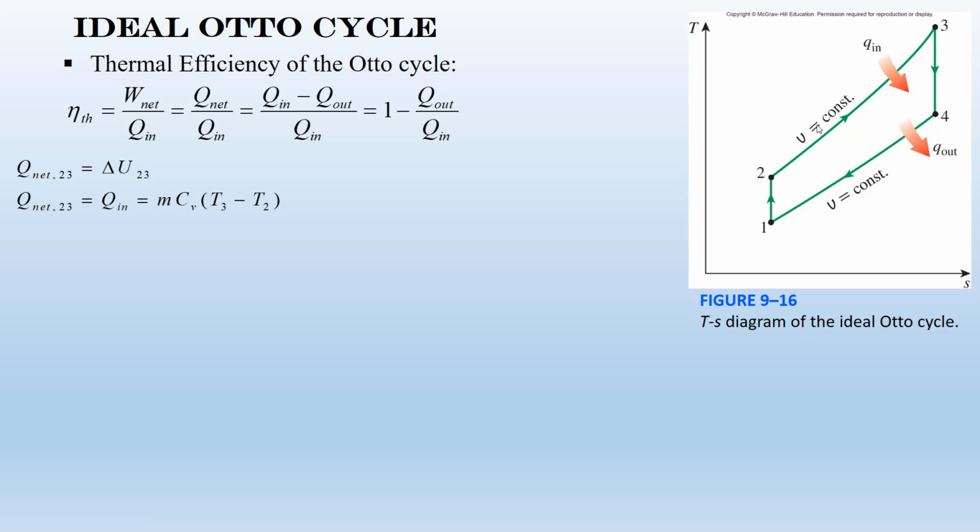There is no boundary work because the volume is constant. Keep in mind that the W boundary is P dv, and v is constant, so there is no W. So we can write Q net equals delta U. For the process between states 2 and 3, there is no Q out, so we can write Q in equals m Cv times T3 minus T2. Again, I assume constant specific heats, or we can use the average specific heats.